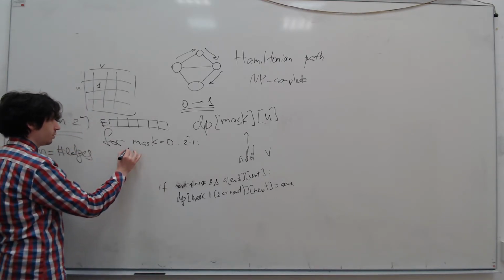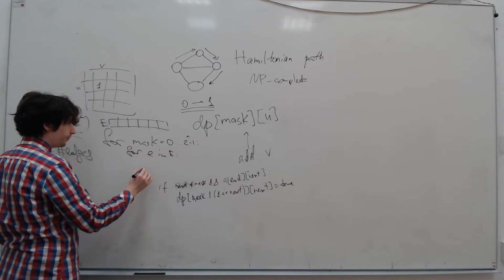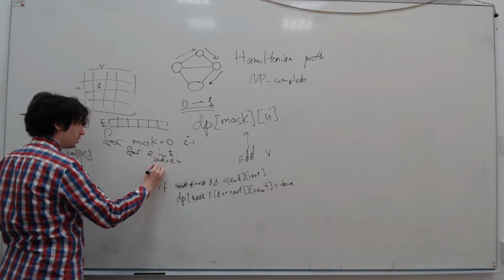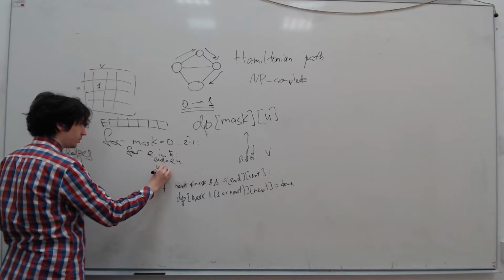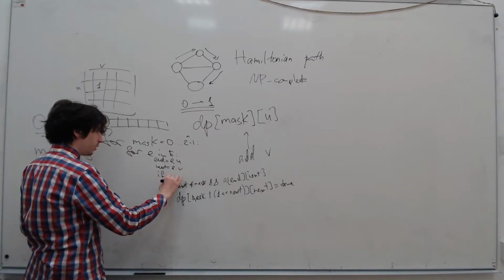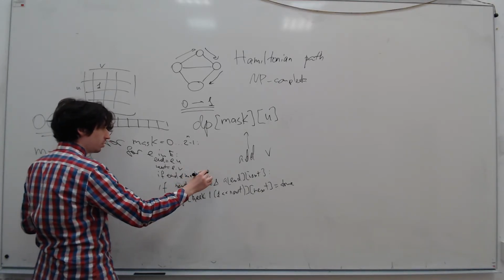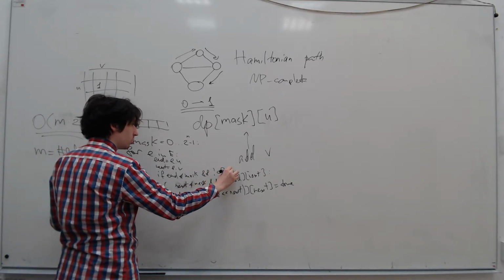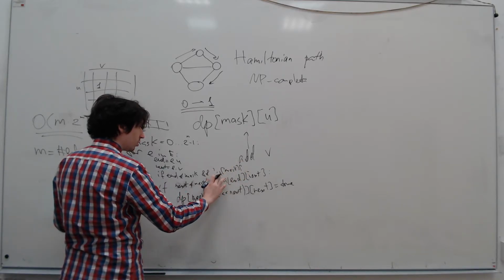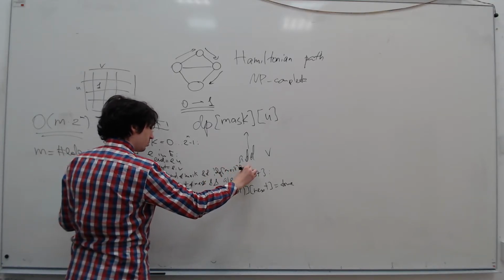I will count that for E in E. And equals here dot U, next equals E dot V, and if and is not in the mask, or not DP mask, and then continue.